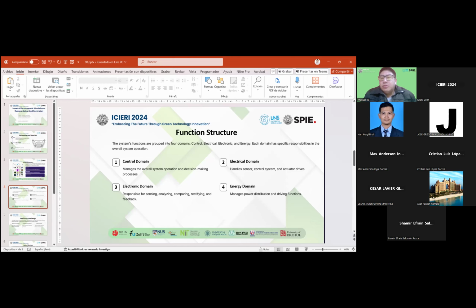Two, the electrical domain handles sensors, the control system, and actuator drives. Three, the electronic domain is responsible for sensing, analysis, comparing, rectifying, and feedback. Four, the energy domain manages power distribution and driving functions.